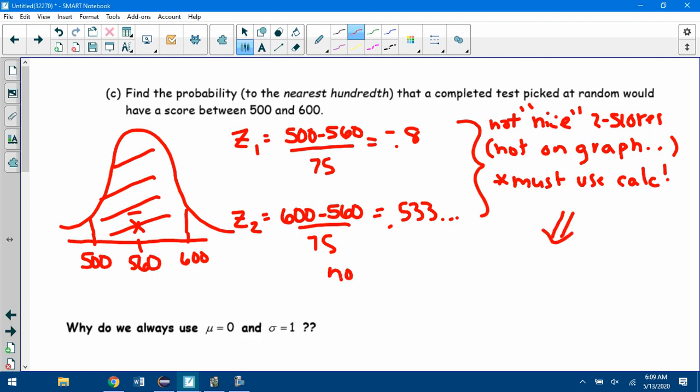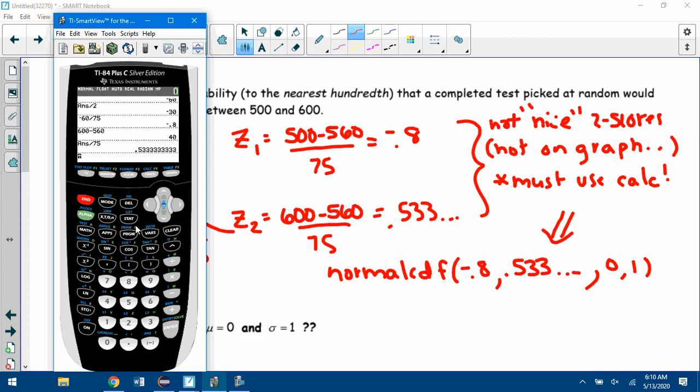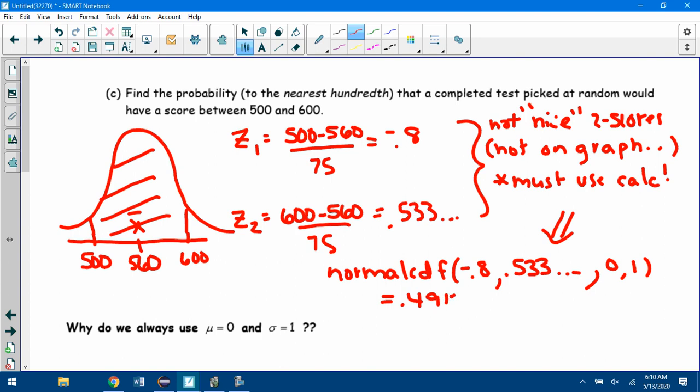So normal CDF. What's your lower? The lower z-score, negative 0.8. Your upper would be 0.533 repeating. We've always been doing comma 0, comma 1. Second vars, normal CDF, negative 0.8, 0.5333, comma 0, comma 1, 0.4912. So to the nearest hundredth, the probability would be 0.49. So about a 50% chance.